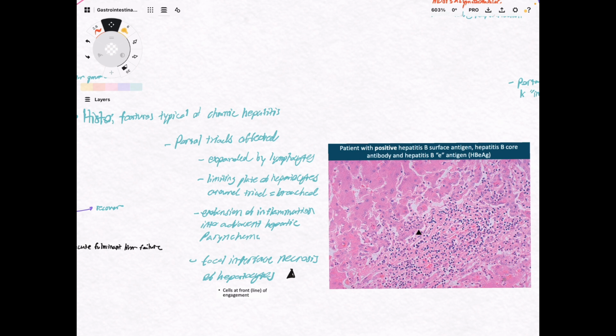So the portal triads are affected, and then the lymphocytes come in, and then there's a limiting plate of hepatocytes around the triad, and that's breached. And then you have an extension of inflammation into adjacent hepatic parenchyma. So that plate of hepatocytes around the portal triad is breached by the virus, and that inflammation extends into the rest of the hepatocytes, and this can cause focal interface necrosis of hepatocytes, which you can see right here.